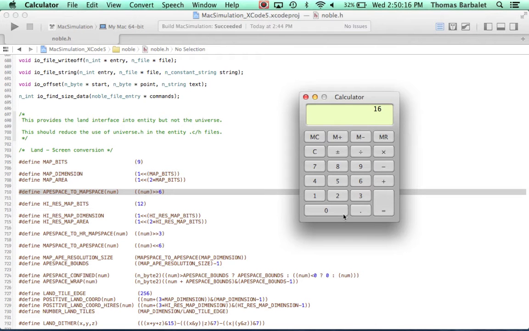So 16 meg isn't that big, but in order for it to be the full space, yes, it would be a gig to have the map space at the same resolution as the ape space.